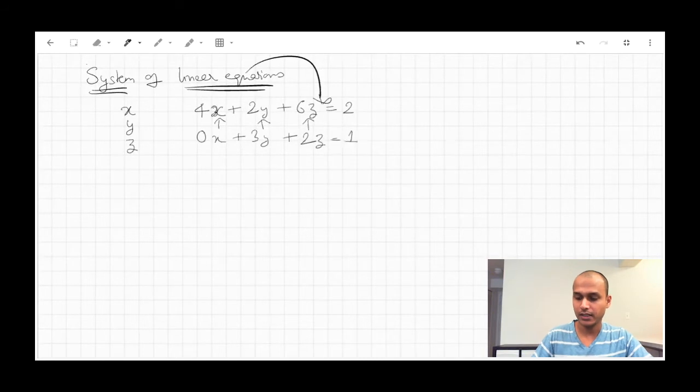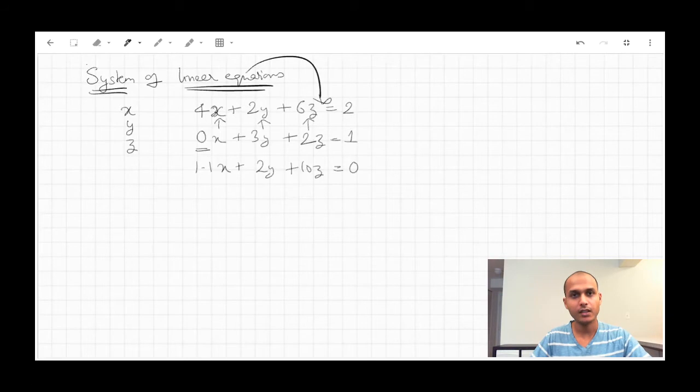See that here I put the coefficient as 0. And these coefficients need not even be whole numbers. I can have 1.1 times x plus 2 times y plus 10 times z is equal to 0, for example. Okay, so this is a system of equations. I have 3 unknown quantities, and I have written 3 equations here.